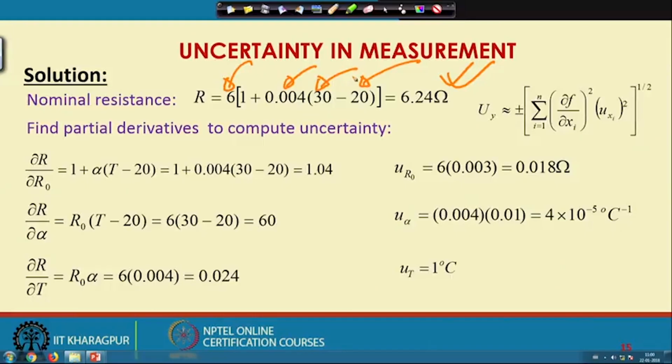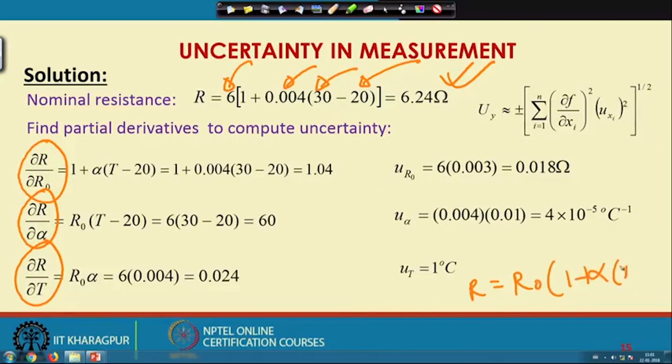Now, I have to find out the partial derivatives, those del f del xi terms. So, here x1, x2, x3 are there in the form of R0, alpha and T. So, I compute del R del R0, del R del alpha and del R del T. You have R equal to R0 into 1 plus alpha T minus 20.